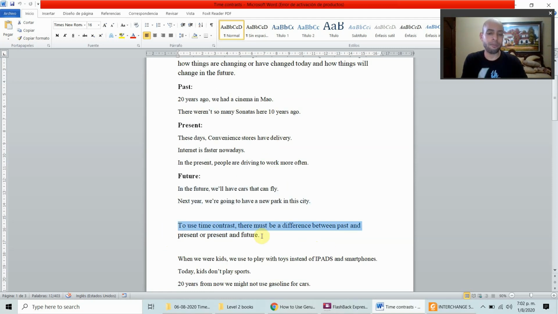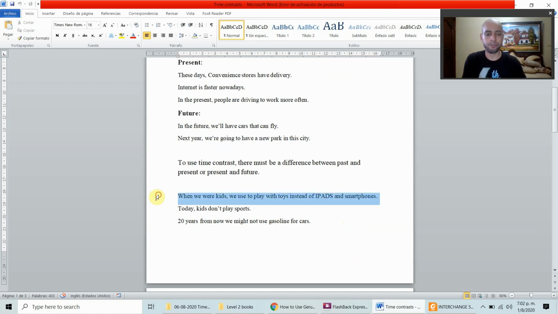So to use time contrast, there must be a difference between past and present, or present and future, or past and future, of course. But in this grammar, we're not going to see examples between past and future, just between past and present and present and future.